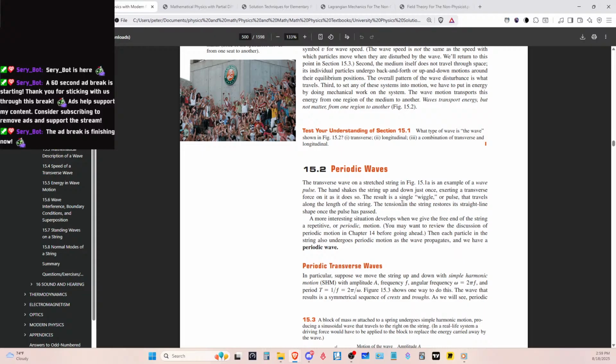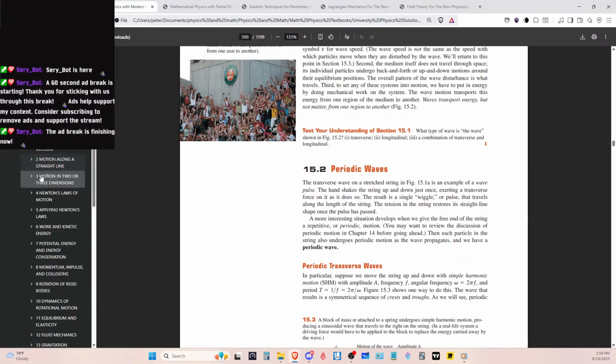Let's see, a more interesting situation develops when we give the free end of the string a repetitive and periodic motion. You may want to review the discussion of periodic motion in chapter 14 before looking ahead.